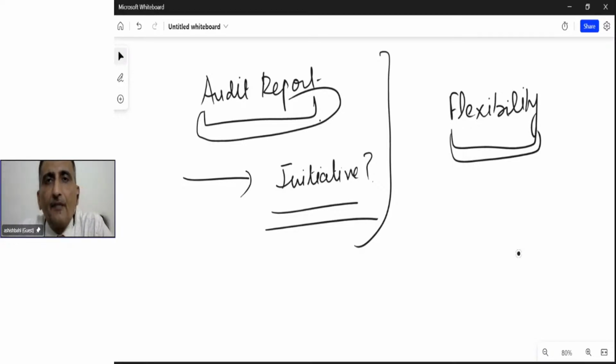If the auditor wants to highlight some things, there is scope for highlighting, like there is a concept of key audit matters. Here the auditor can highlight some significant matters which were noticed by him during the course of his audit, and how he addressed those matters. Say for example, students, let us say that the auditors have recognized that revenue recognition is one of the key audit matters in the company, because the company is getting revenue from entering into contracts with the customers.